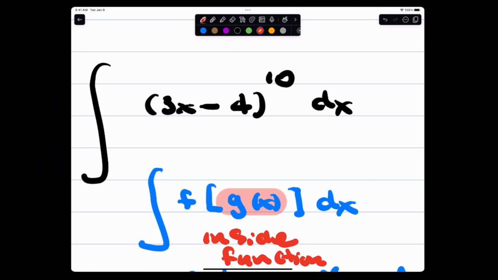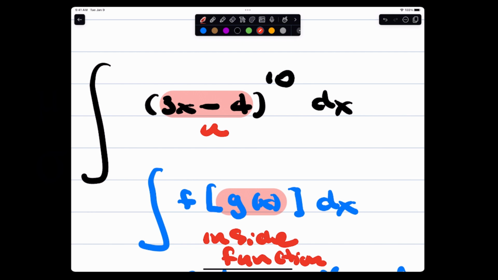The inside function is the function between the parentheses. It's going to be 3x minus 4. You guys okay with that? Just like chain rule, you find the inside function.